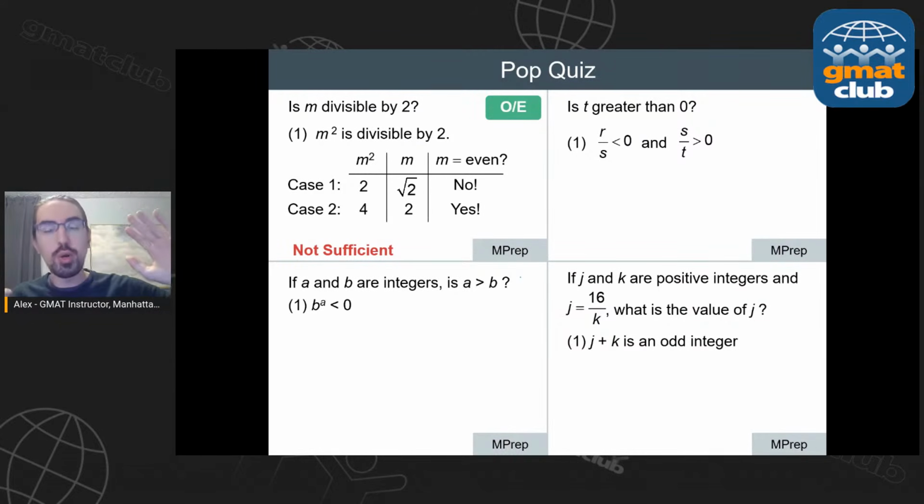Okay, on to question 2. Let me know, again, what number property is this really testing? And in the same chat, if you can, whether or not this is sufficient or insufficient.